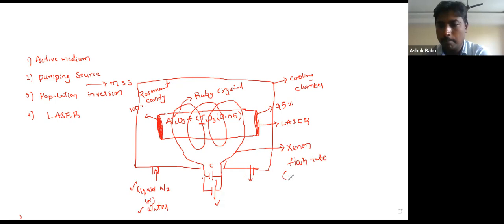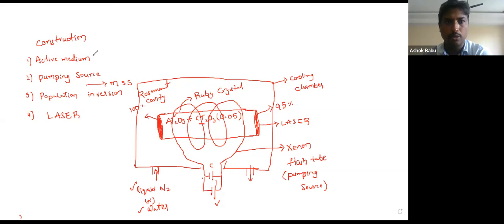And this is the pumping source, the optical pumping source, which is connected to the capacitor bank and power source. The total operation is conducted within the cooling chamber, where liquid nitrogen or water is used as a coolant. So the construction part is totally over.